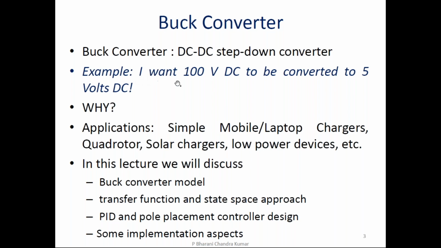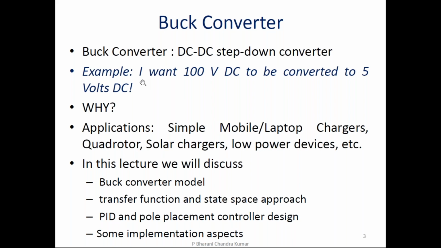The fundamental question is: I want 100 volts DC to be converted to 5 volts DC. Why? If you could answer this question, then we can go to the next part. The answer is very simple.